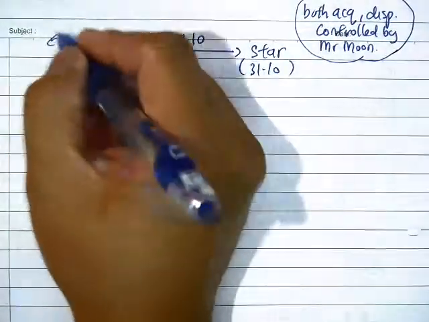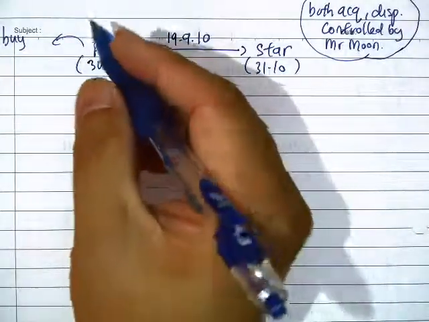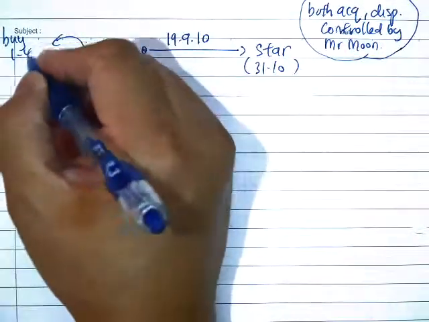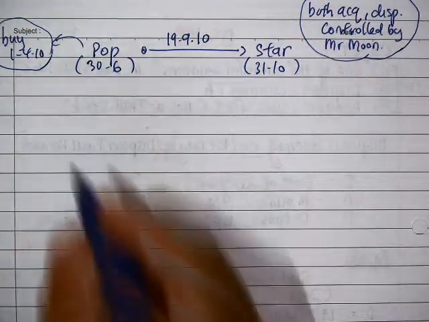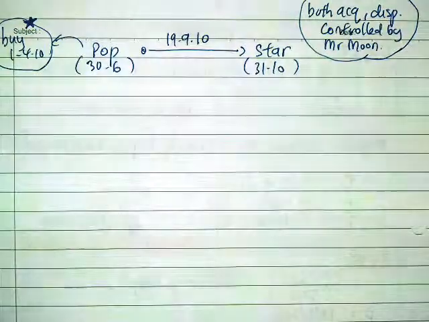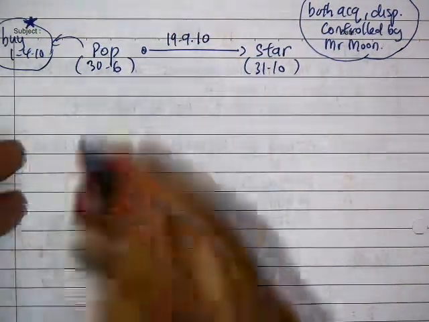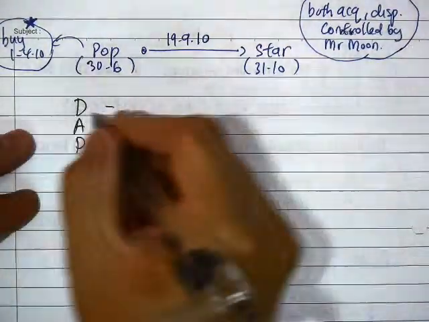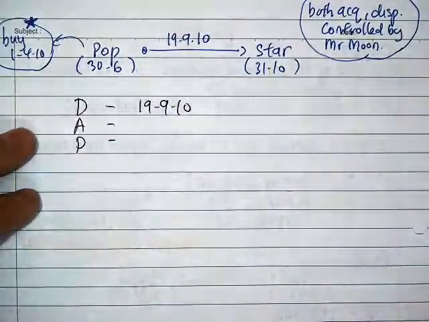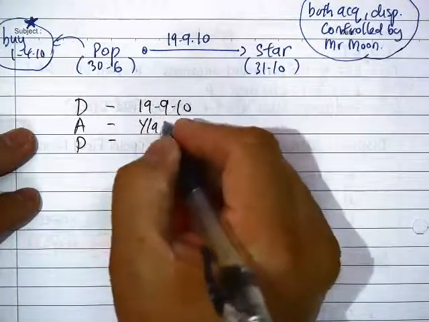Now I just want to add one more date. The company bought the asset on 1st of April 10. Okay, that's the date they buy. Alright, now why do I show this date? Later I'll tell you again. Okay, so repeat the rule that we used just now. 19 September 2010 is the date. Acquirer bought it in YA 2010.